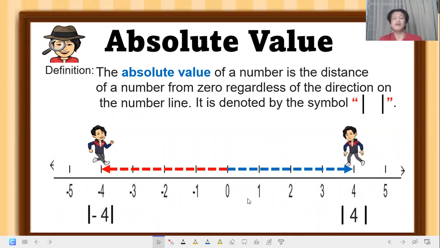If you count the number of units from 0, the absolute value of -4 is +4, the same as the absolute value of 4, which is also 4. Ibig sabihin yan, pares po silang +4. Kaya nga pag sinabi natin absolute value is always positive regardless of the direction on the number line.